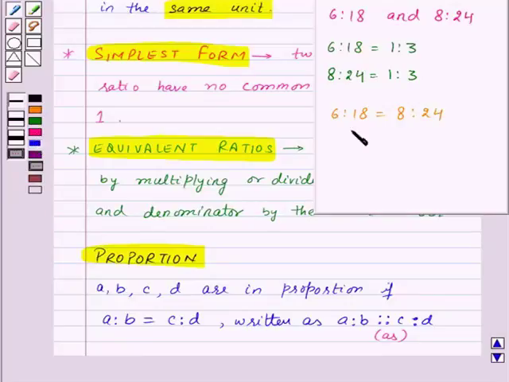And in proportion we can write it as 6:18 :: 8:24. So from this we can say that these two ratios are in proportion. And if two ratios are not equal, then we say that the two ratios are not in proportion.